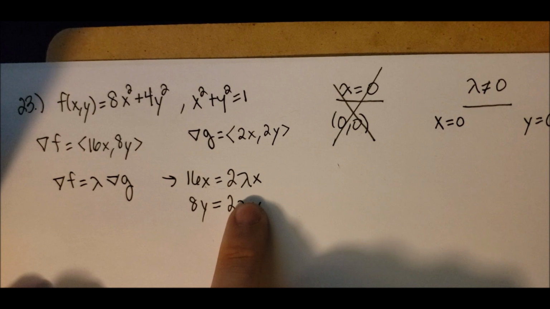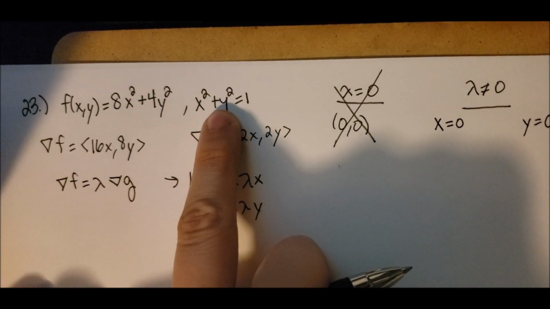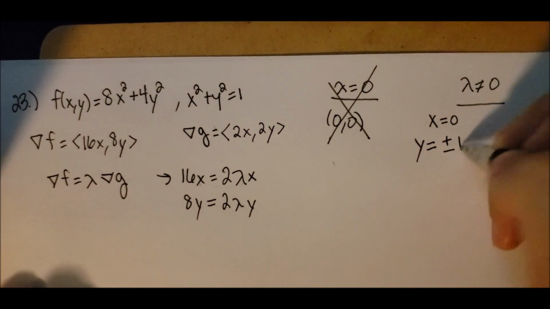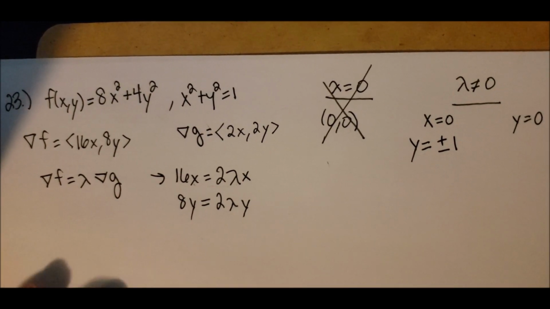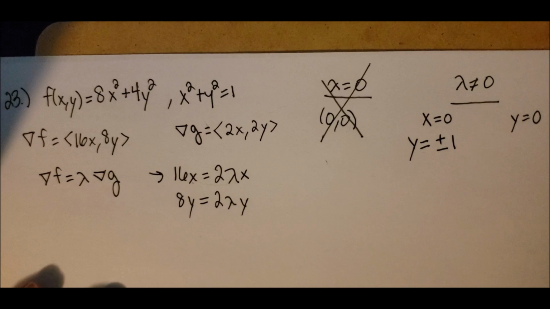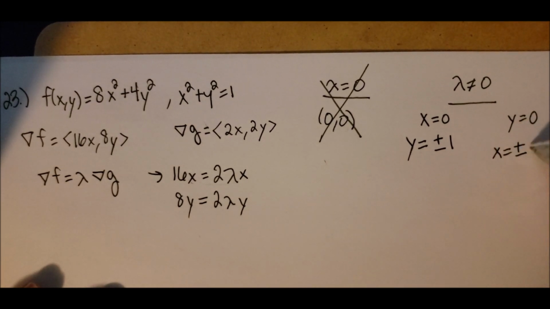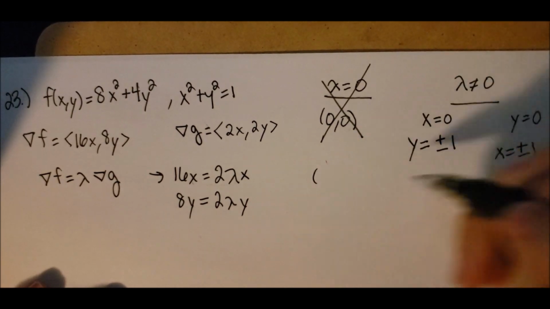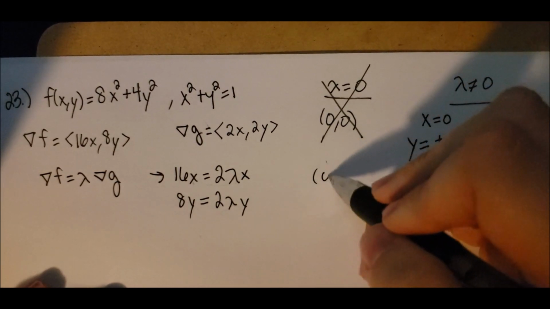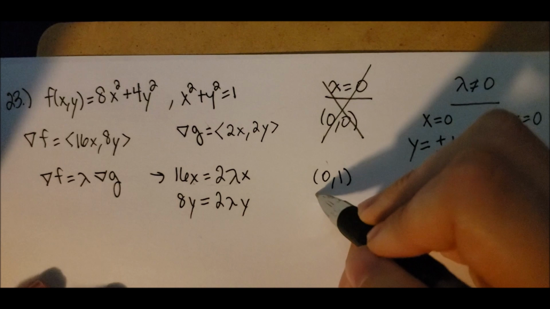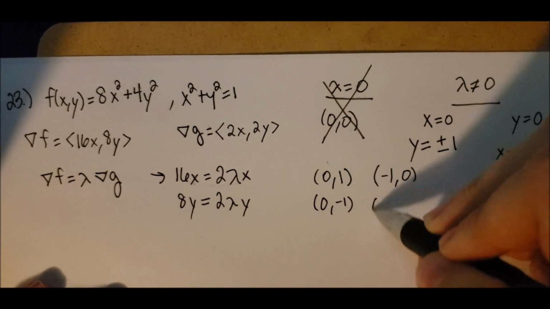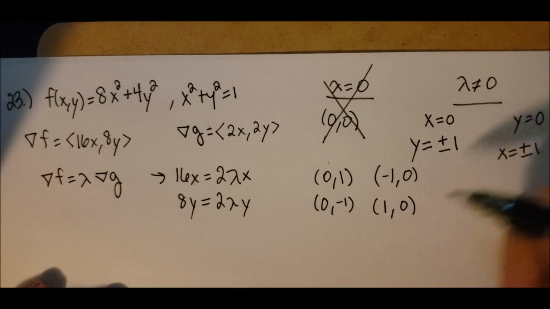So if x is 0, according to our constraint, y is going to either be positive or negative 1. And the same, if y is 0, x is going to be positive or negative 1. So that gives me 2 points. I'm sorry, 4 points: 0, 1, 0, negative 1, negative 1, 0, 1, 0.